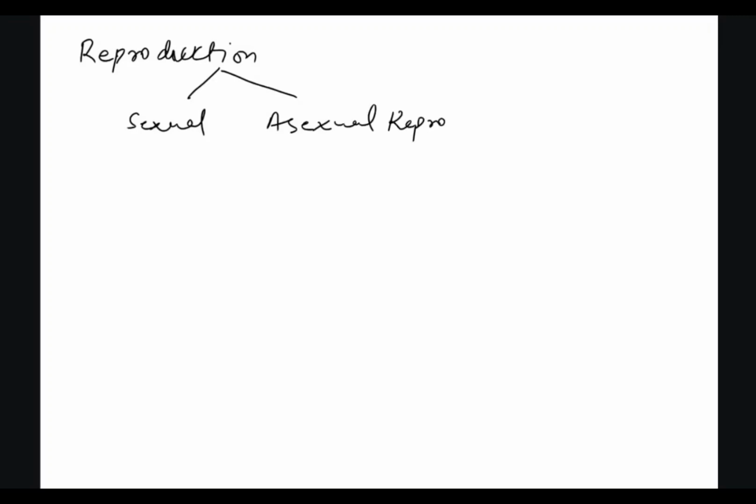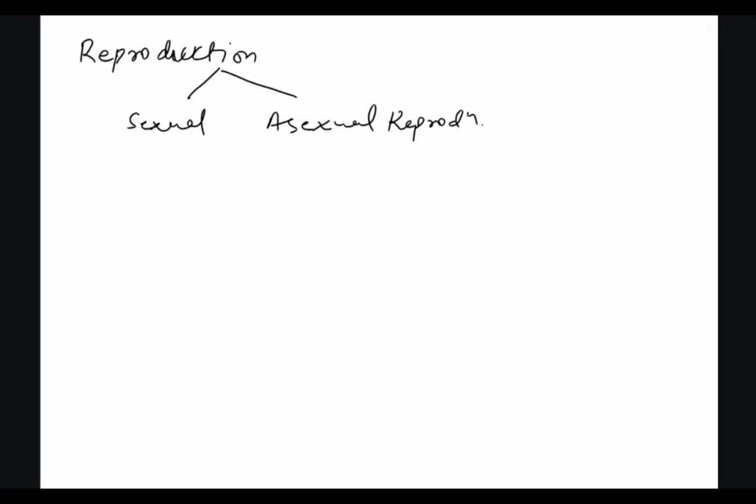Now, reproduction is divided into two portions. Reproduction may be sexual for us organisms, animals, flowers, plants, all of them. And there is another called asexual reproduction.